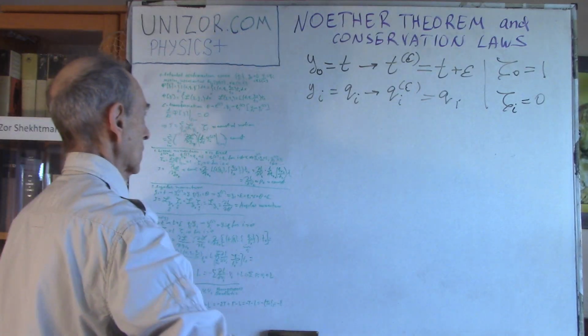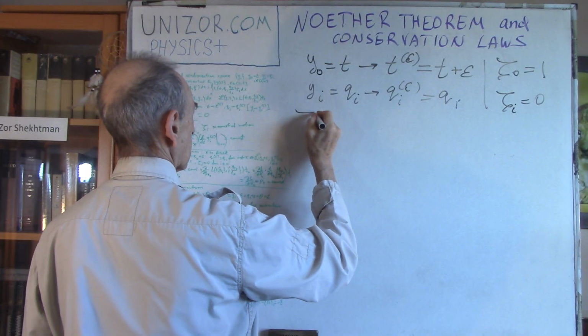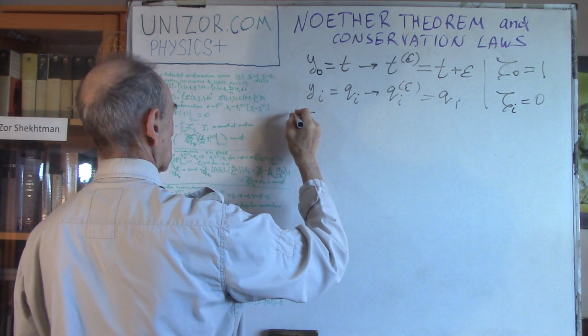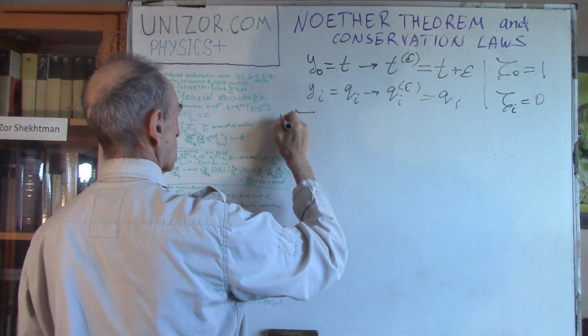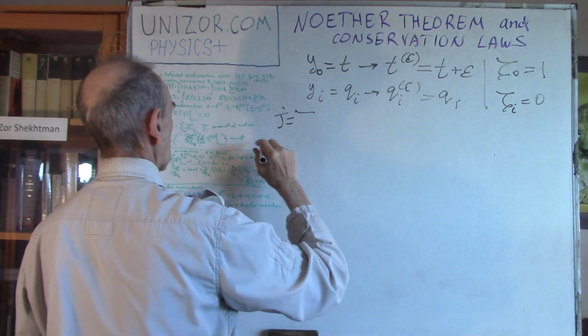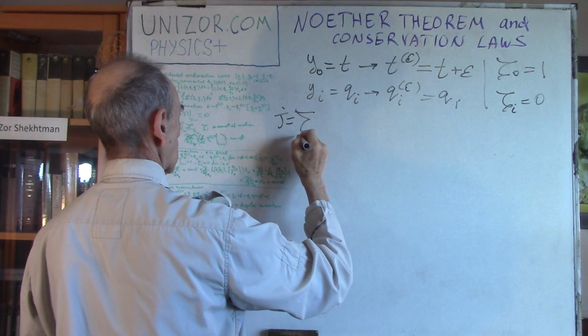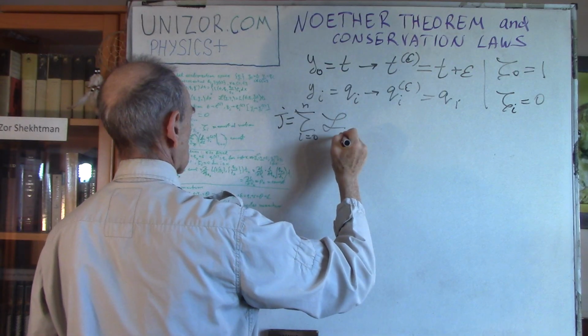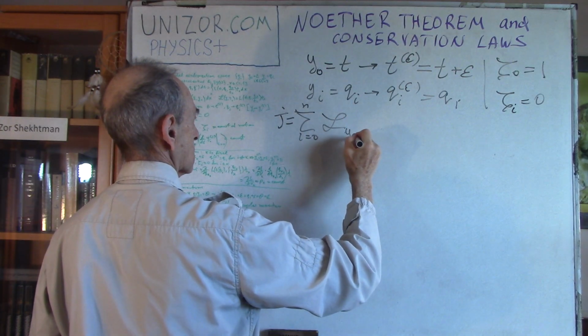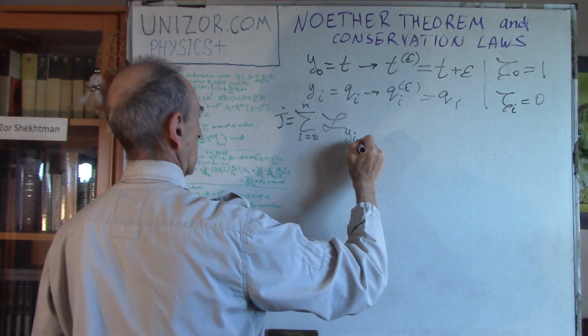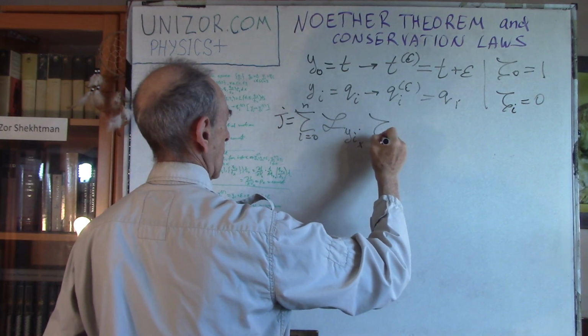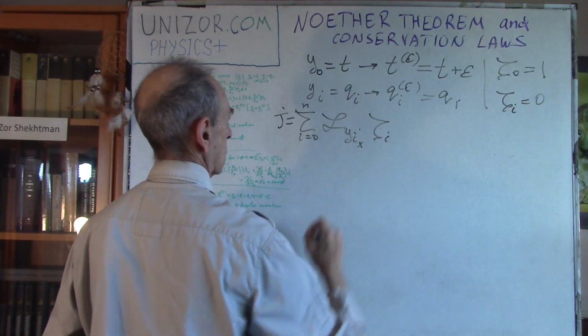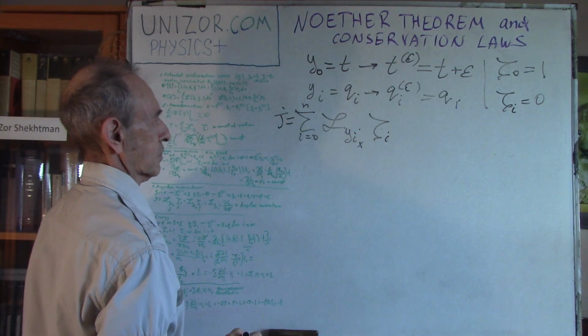And again, let's recall our Noether function, that's J, which is equal to the sum from i equals 0 to n of the pseudo coordinates times the generators, constant, preserved.